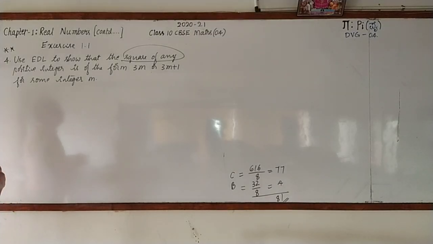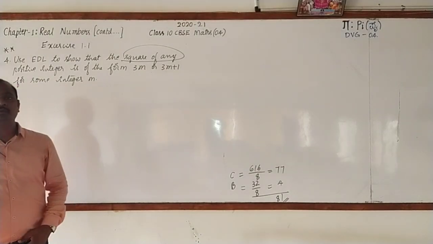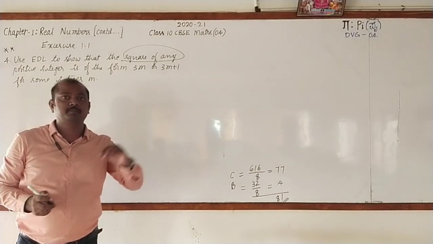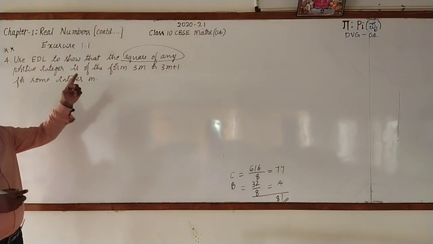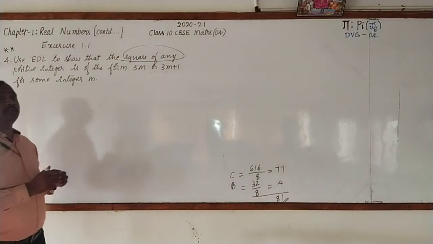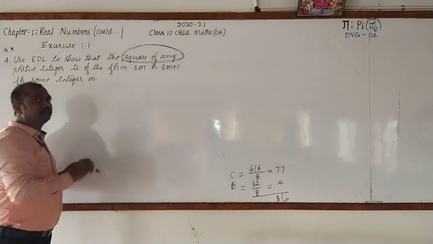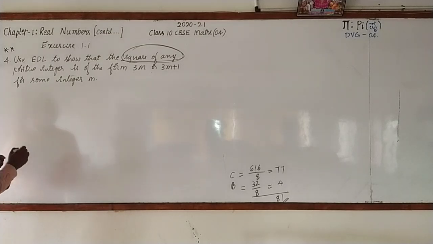Just we have come to know a positive integer, if it is even, is in one particular form, odd integer is also in one particular form. But here they have given square of any positive integer. This must be kept in your mind when you are proving this. Okay, let us go for that.